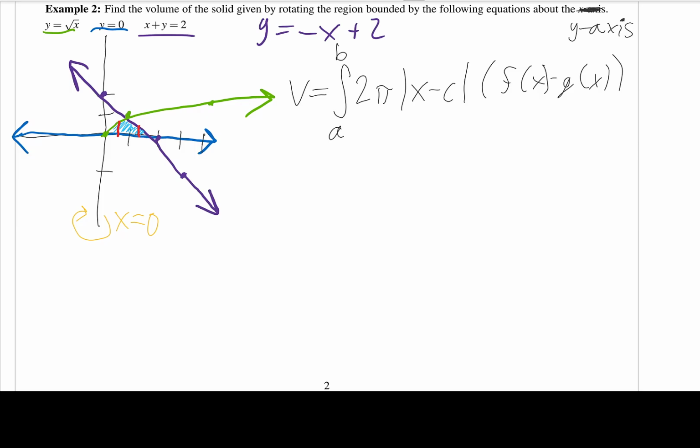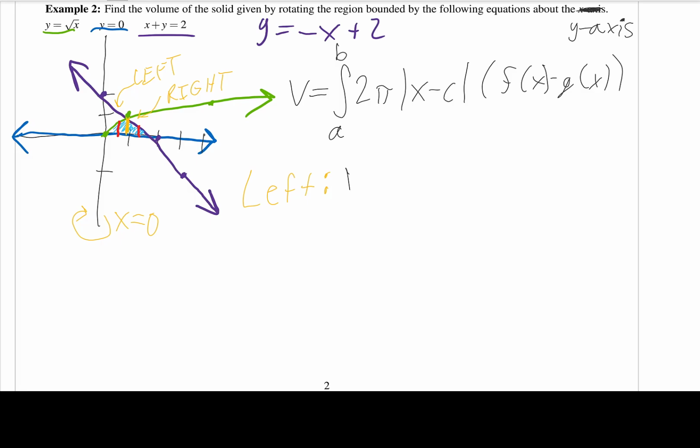So what I'm going to do is split this up into, let's see, we're going to call this the left section, and we'll call this the right section. All right, so let's look at the left section first.